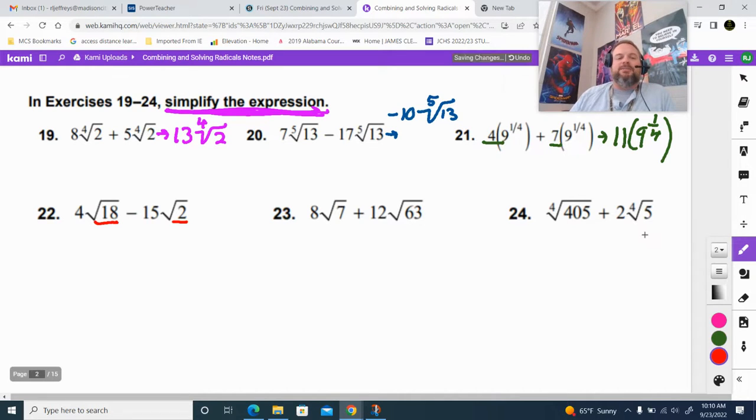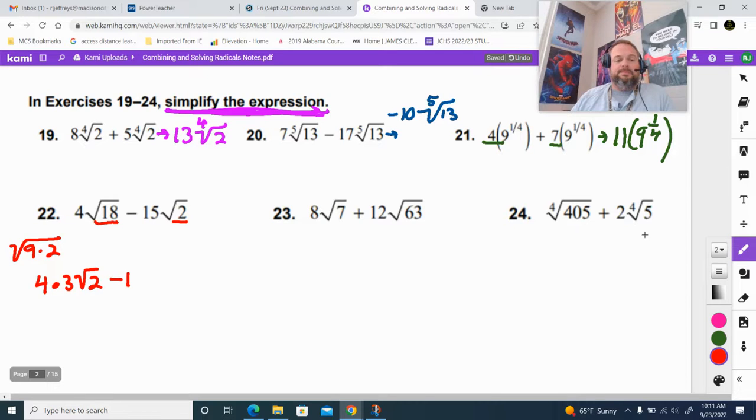So these are not the same. I wonder if I can divide 18 by 2 to get to something that I can deal with. I can. 18 divided by 2 is 9. Okay. So I can actually simplify this as 4 times, like we take the square root of 9 out, which is 3.